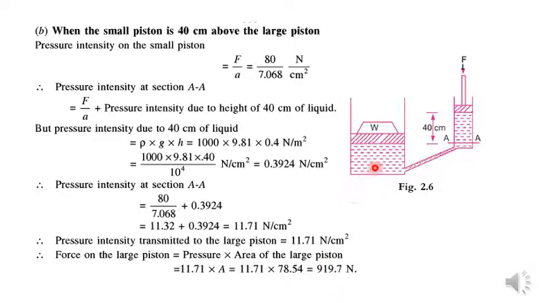This system gives more efficient results once the smaller piston is kept higher than the larger piston, so more weight can be lifted by the larger piston. That is to say, the height of the liquid, due to the hydrostatic pressure, is responsible for lifting more weight on the larger piston.